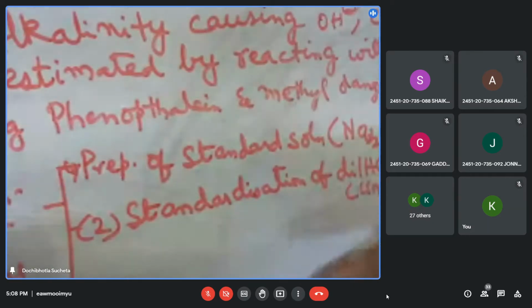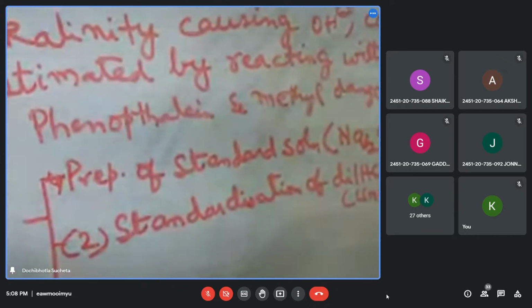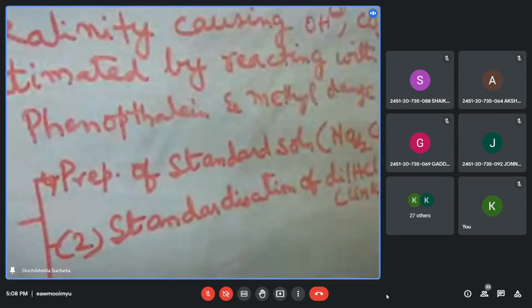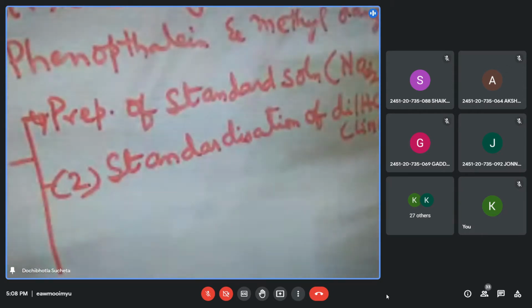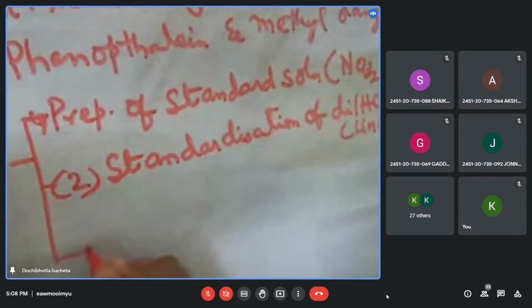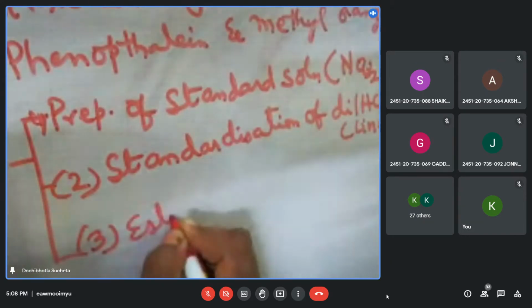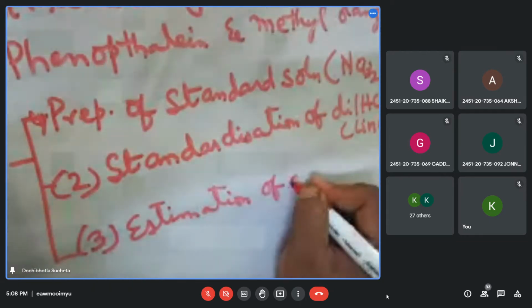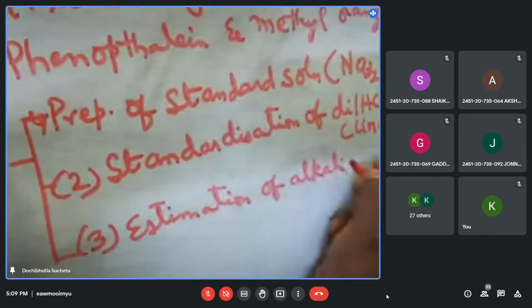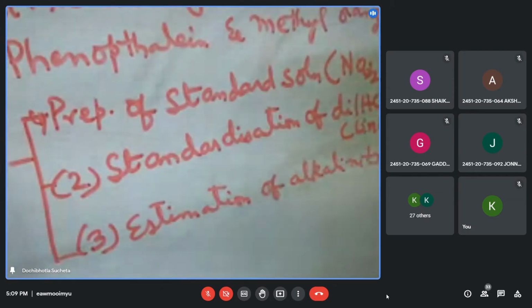I'll give the definition of what is meant by standard solution and link solution at the end. And step 3 is estimation of alkalinity of the test water sample. These are the 3 steps of the experiment.